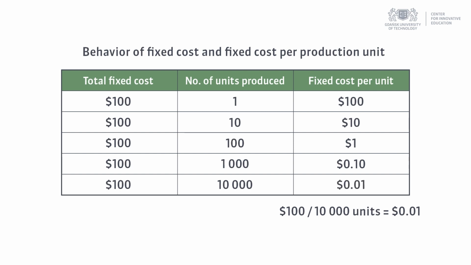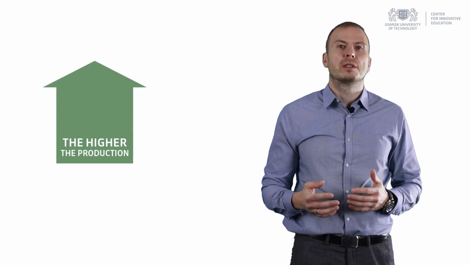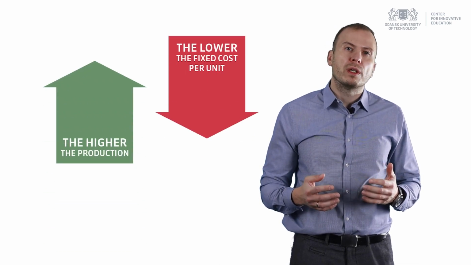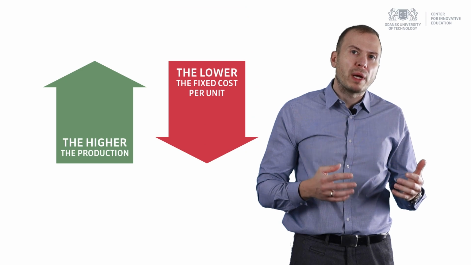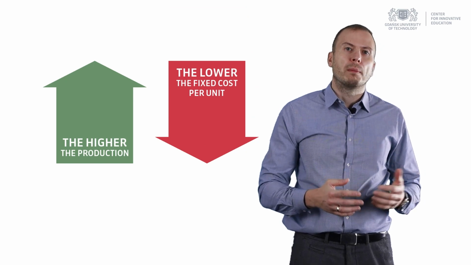If the company produces 10,000 units, the fixed cost for each unit is 1 cent, and so on. Such an observation leads to the conclusion that the higher the production is, the lower the fixed cost per production unit becomes.